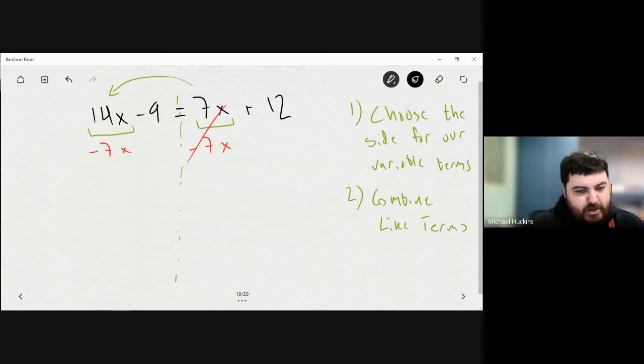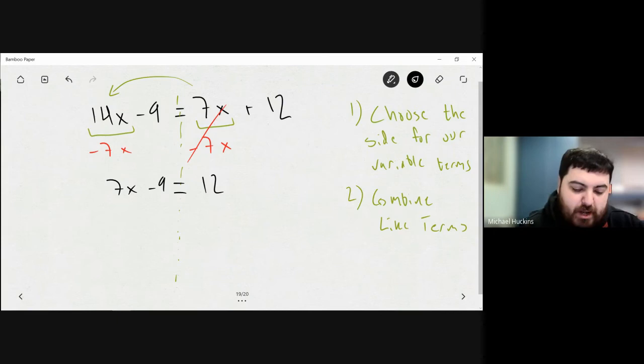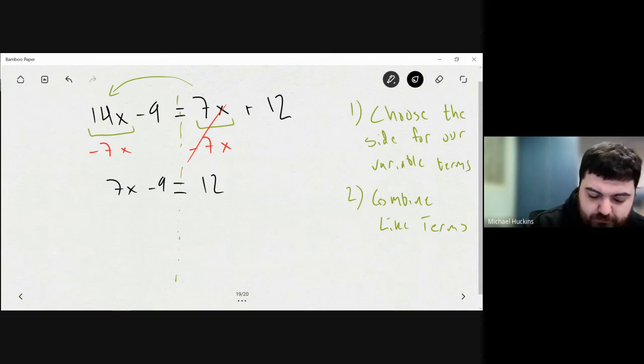Again, whenever we combine like terms, we really just need to deal with the coefficients, counting how many of this variable do we have. 14x minus 7x is 7x. So the rest of the equation is still written down. I have a positive 12 here because it's being added. I'm just going to write 12. There's no need to write positive 12. I would only need to write a symbol there if it was negative, in which case I would write negative 12. But if it's positive, I'll just write 12.